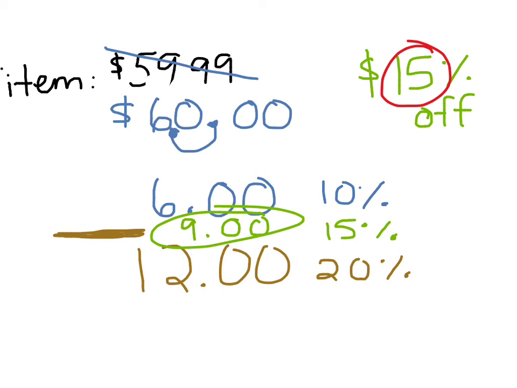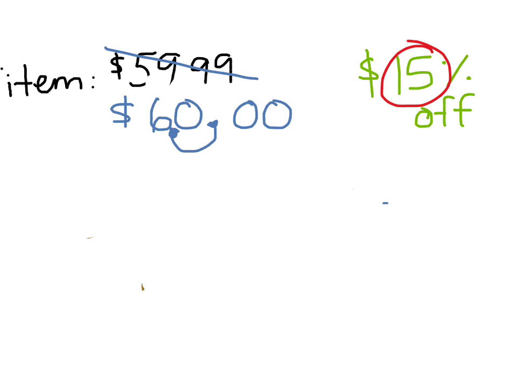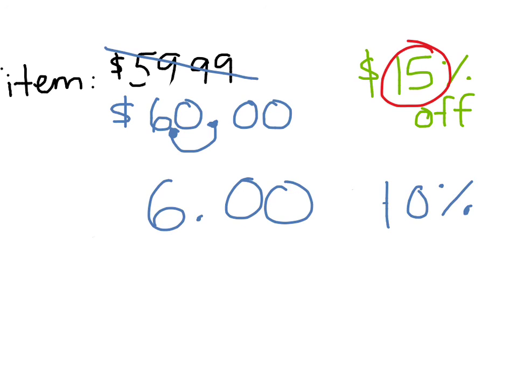You could also do it this way. We know that 10% is 6. If I want 15, I don't need to double it, but I need to take half of this, half of 6.